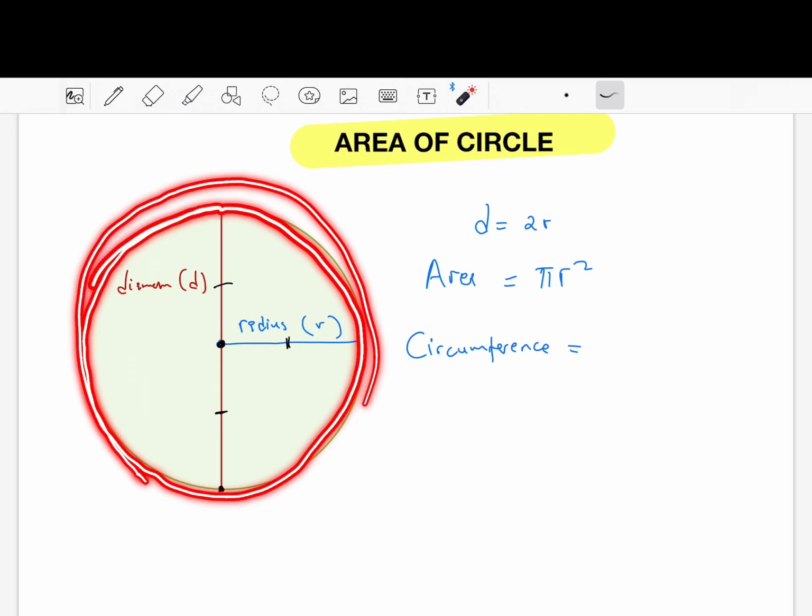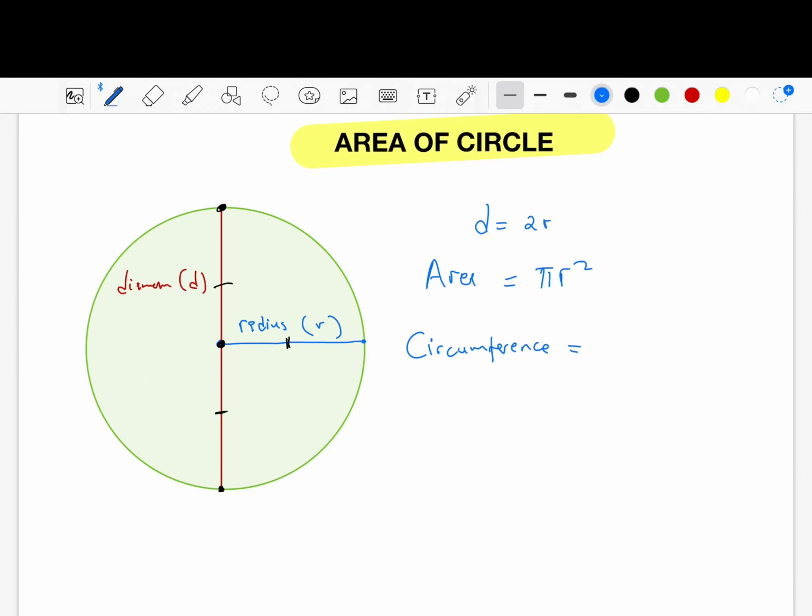If you want to calculate this distance, you get the circumference, and the circumference is 2 pi r. So you have a diameter, which is 2 times the radius, the area, which is pi r squared, and the circumference, which is 2 pi r.